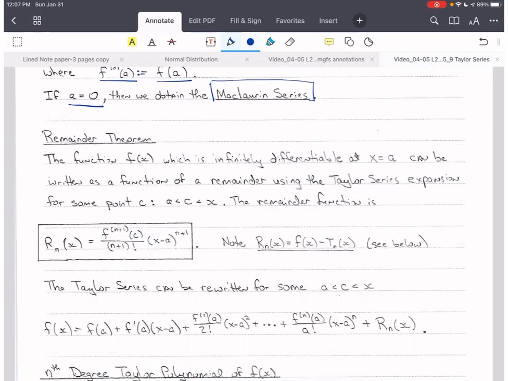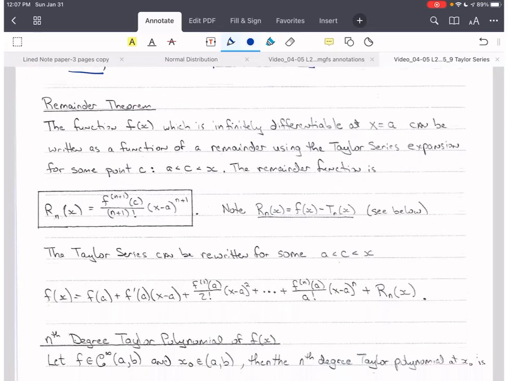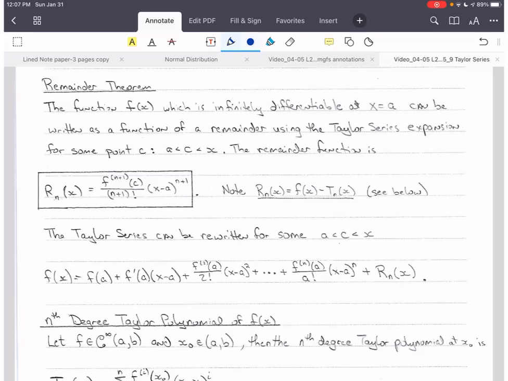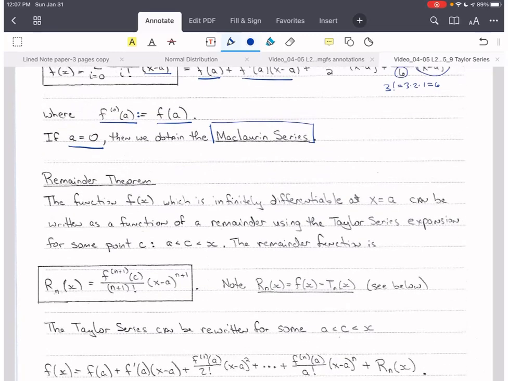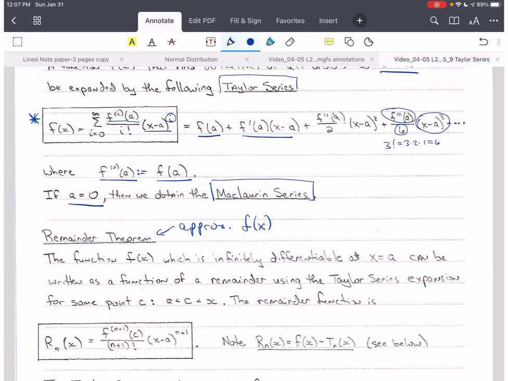And then we have the remainder theorem. This is also important. So what this is saying is, we're going to approximate f of x, because there's no way we can write out this infinite series, unless we get to a point where the derivative is 0, okay?